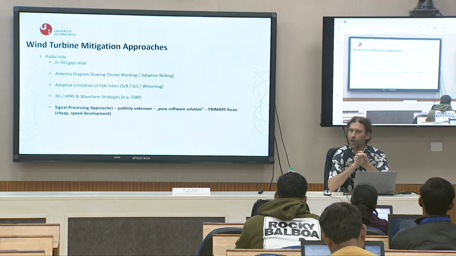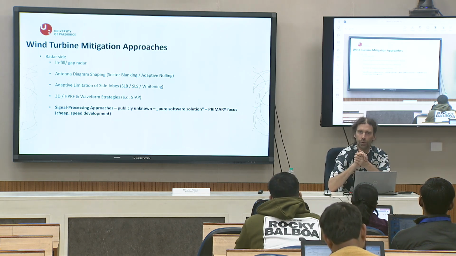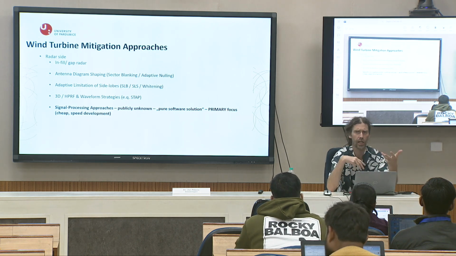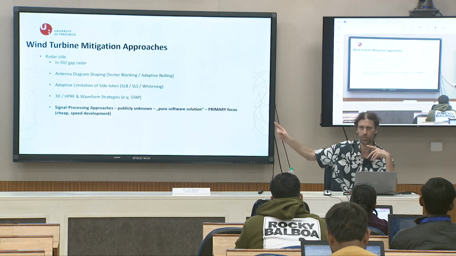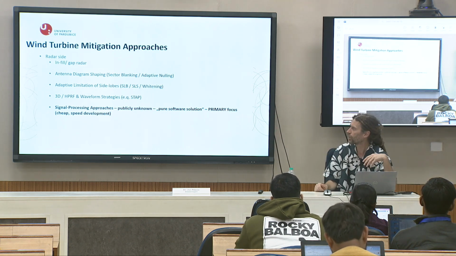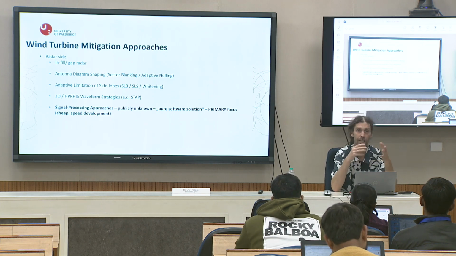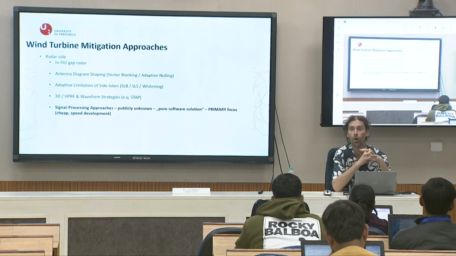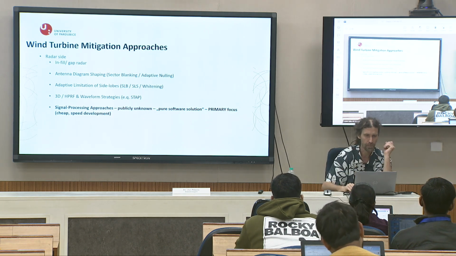It is clearly the know-how of these companies, so nobody tells you how they do it, whether it is only hardware, software, or a combination of methods. But probably it is based on antenna diagram shaping, adaptive limitation, and if it is a 3D radar, on that method. Or of course it could be based only on filtration, on purely software-defined methods.